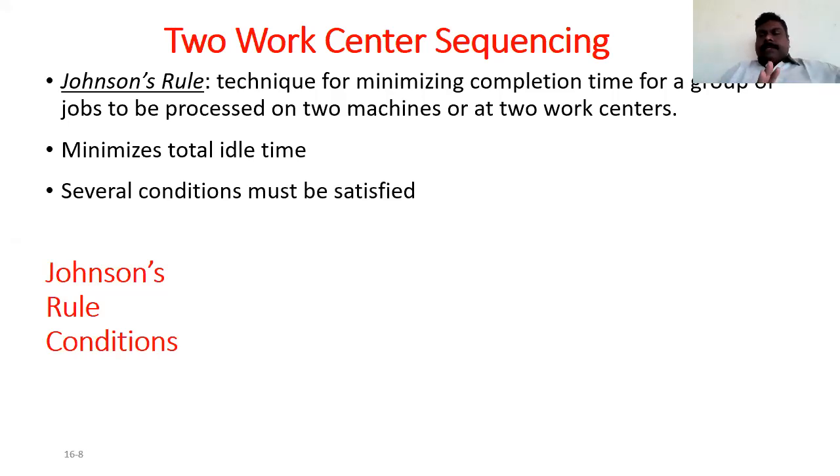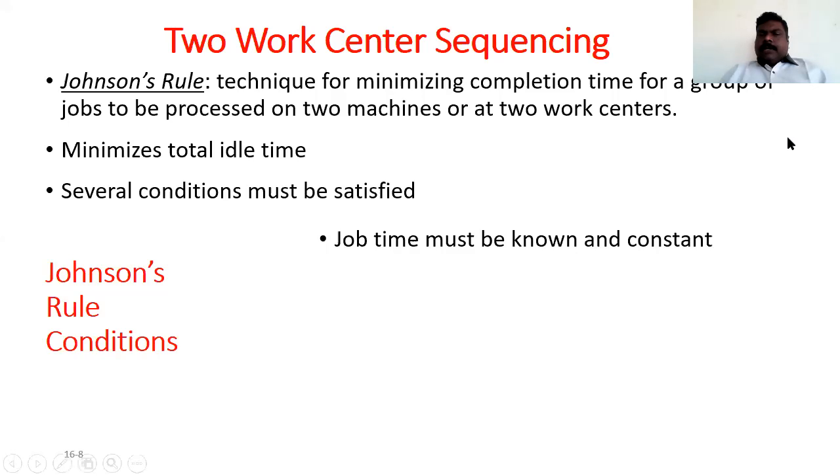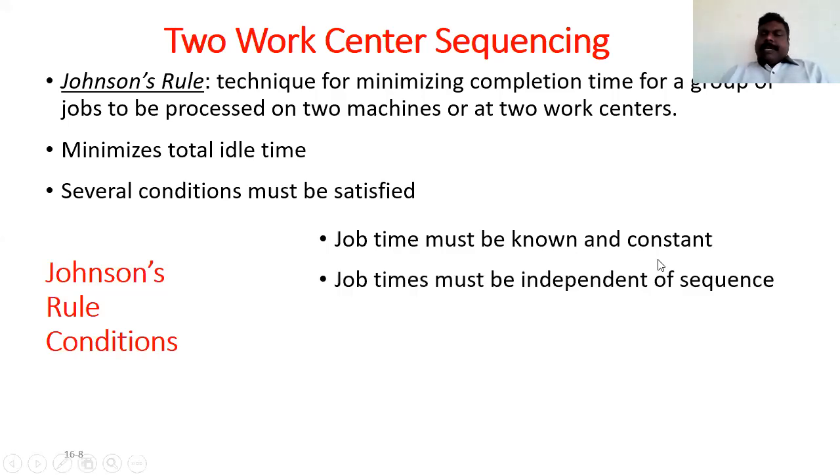We have priorities, as you have seen: first come first serve basis, shortest processing time, earliest due date, and rush and emergency. So these are top priorities. Apart from this, we have Johnson's rule that we are going to see now. The rule conditions: job time must be known and constant, and job times must be independent of sequence.